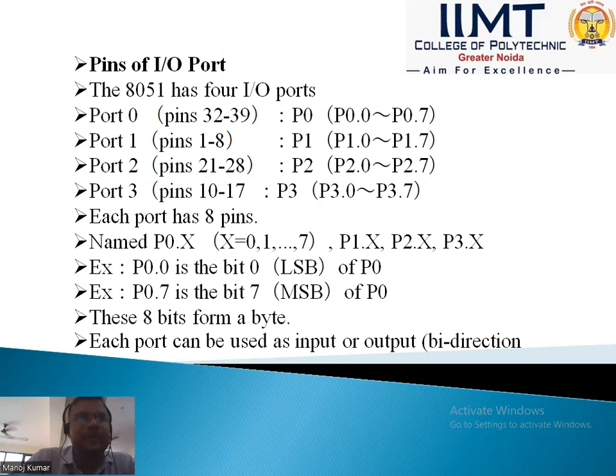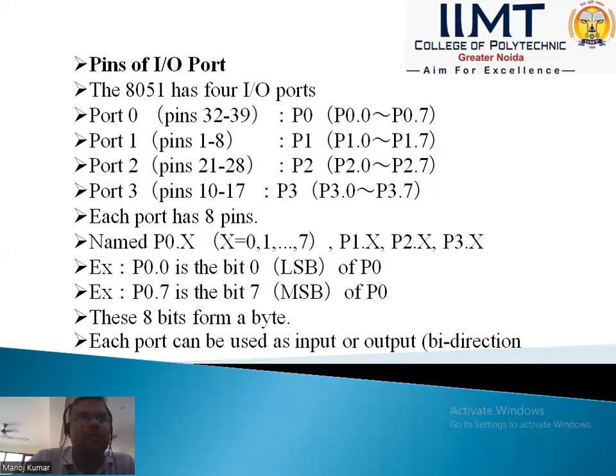Each port has 8 pins named P0.X, P1.X, P2.X, P3.X, where X equals 0, 1, 2, 3, and so on up to 7. P0.0 is bit 0, the least significant bit of P0. For example, P0.7 is bit 7, the most significant bit of P0.